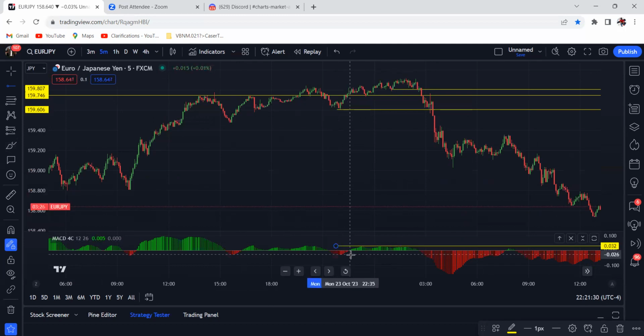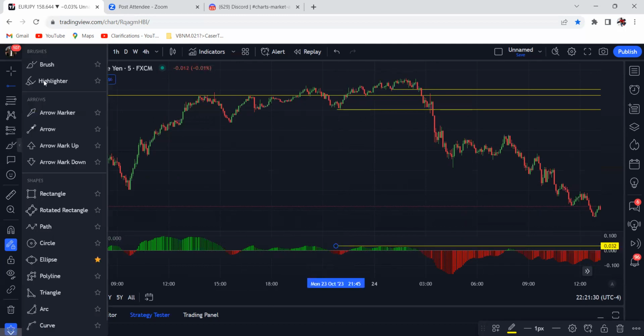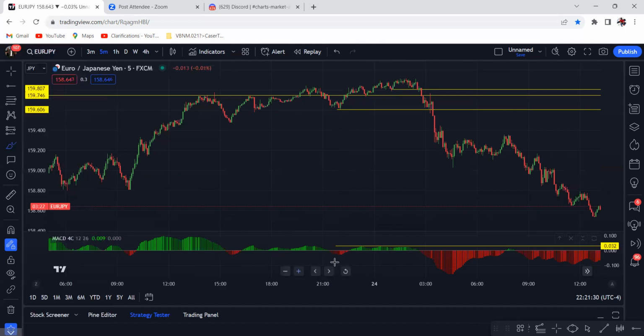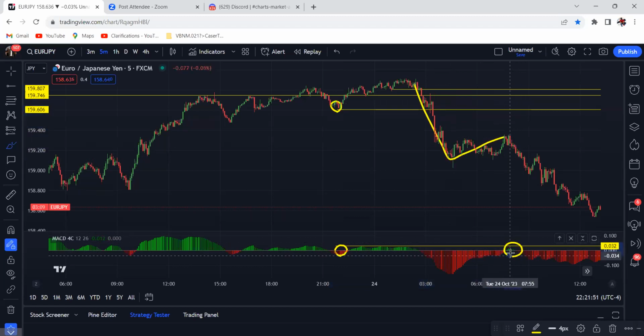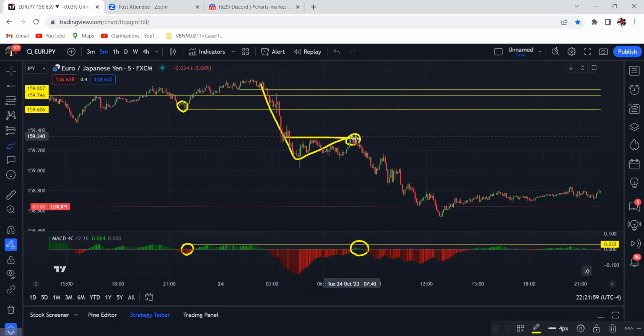You guys see that? Boom. Right here. So change of character. And then look at the retest right there. There's your retest. Supply zone, entry, and there's your sell-off.